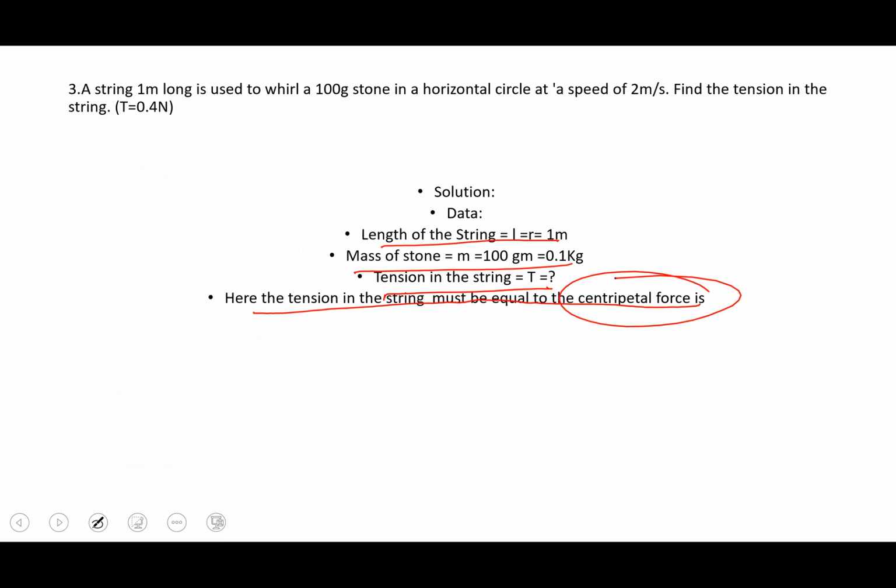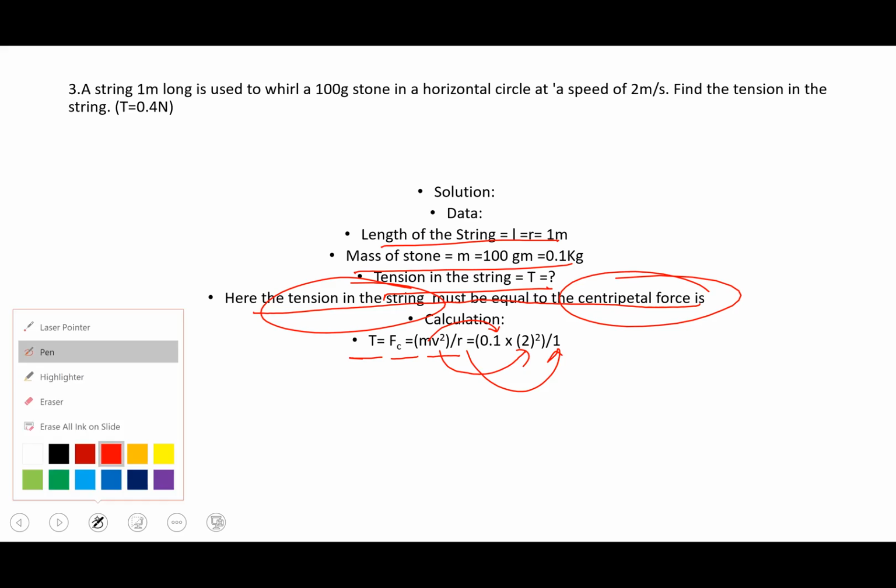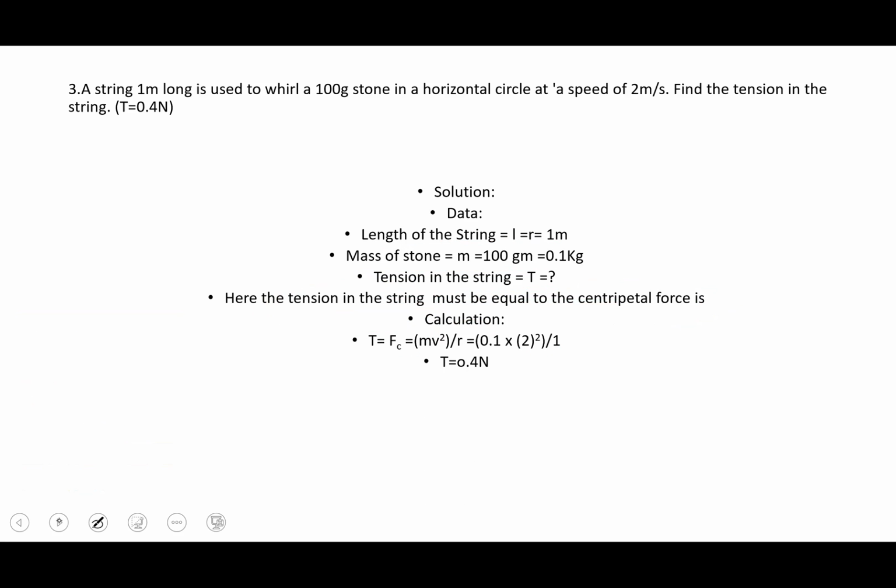Putting the values, T is equal to mv square over r, with m equal to 0.1, v equal to 2 meters per second squared, and r equal to 1 meter. By putting in the values, we find that T is equal to 0.4 newtons, and that is our answer.